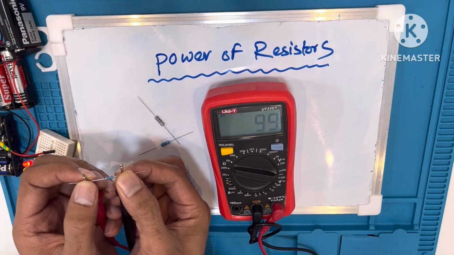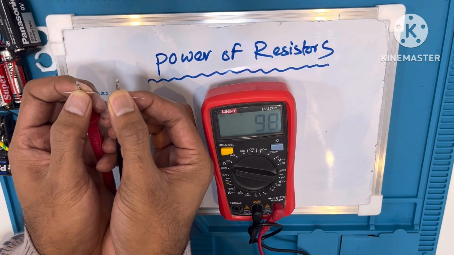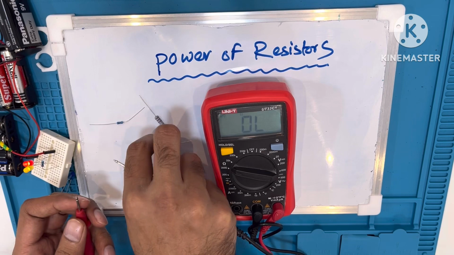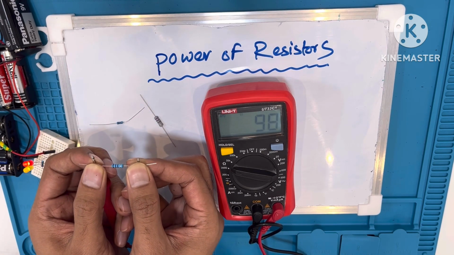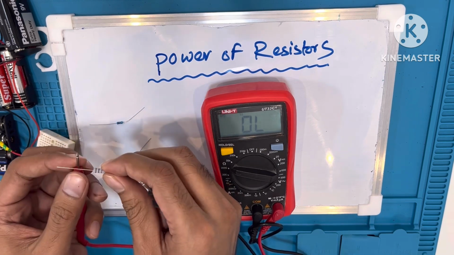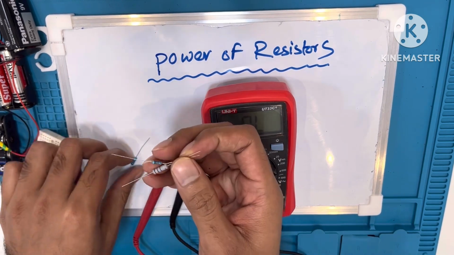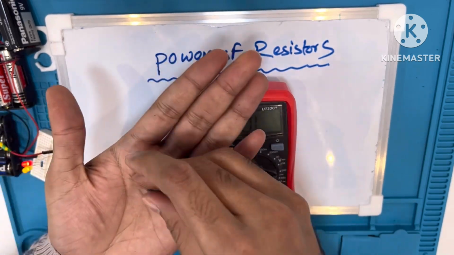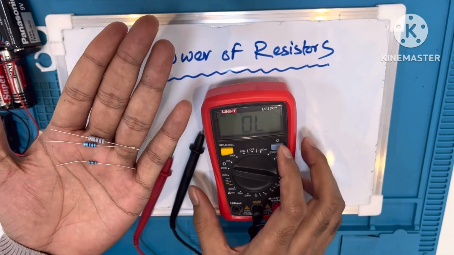The value of this resistor is 99 ohm. Now let's check the medium one. The value of this medium one is 98 ohm, and the biggest one also 98 ohm. So how is it possible that all the different sizes of resistor give the same value?